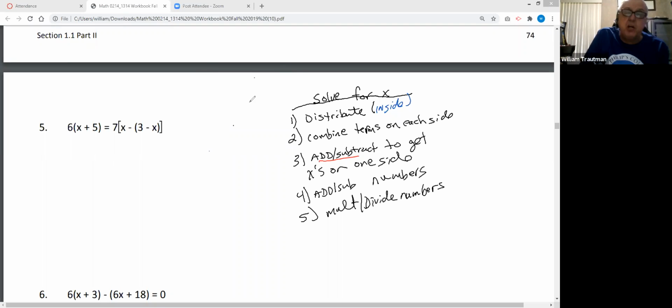Can somebody tell me what is the first thing I'm supposed to distribute in this problem? I'd like you to type it in. What is the first thing I can distribute? Type in, what is the first thing I need to distribute?